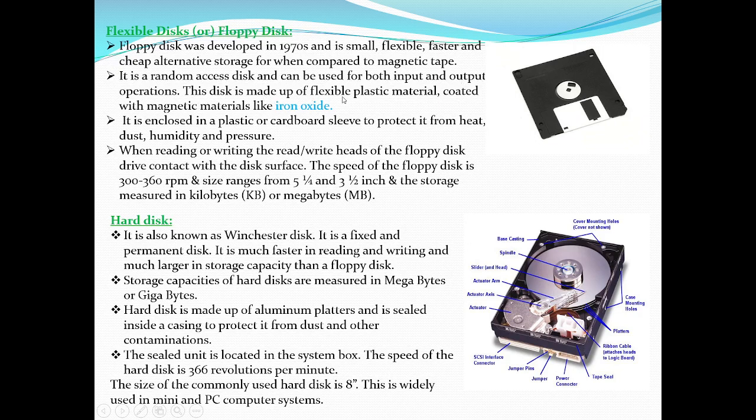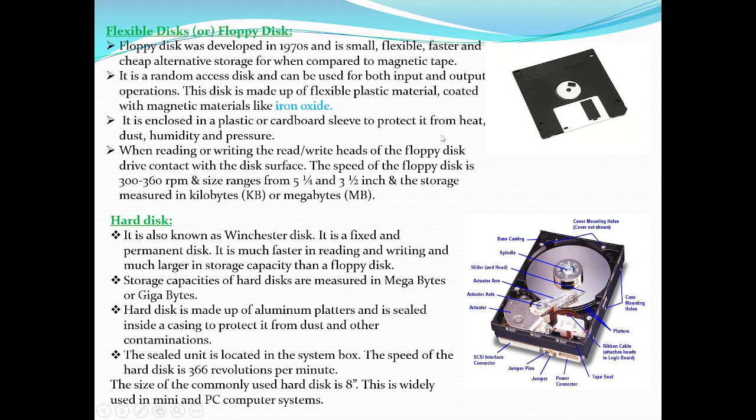This disk is made up of flexible plastic material coated with magnetic materials like iron oxide. It is enclosed in a plastic or cardboard sleeve to protect it from heat, dust, humidity and pressure.